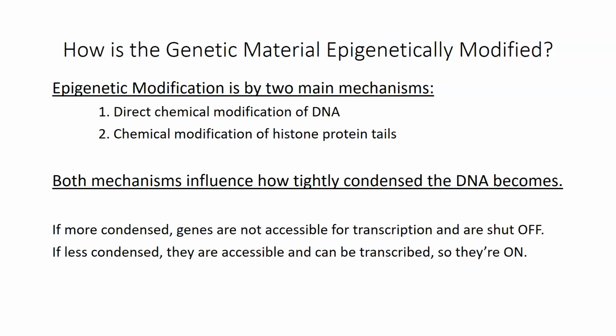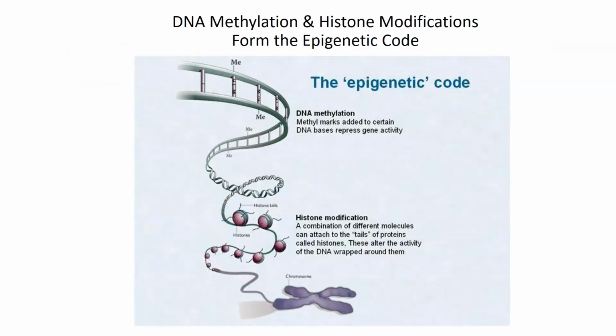If it's not so tightly condensed, they are accessible, and those genes are on. So the epigenetic code relates those two types of modifications, methylation of DNA directly, or modification of histone tails. That's going to influence how tightly packed the DNA molecule is.